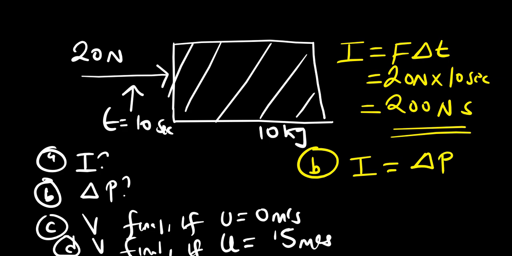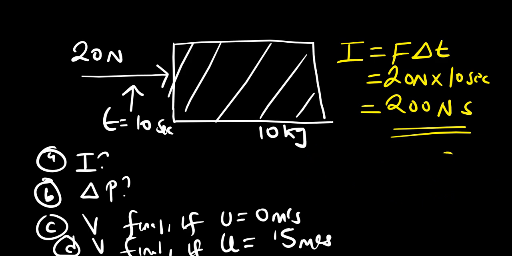Now we've already found our impulse, which is 200 newton seconds, which is equal to the change in momentum. Therefore, our answer for B is also going to be 200 because they are the same. However, the units are just going to be different. You know that momentum is measured in kg meters per second. So that's how we are going to solve our B.